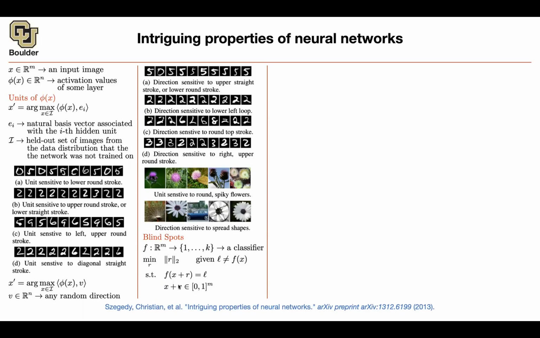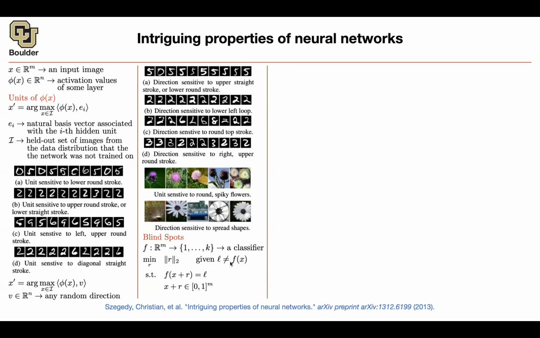Now you want whatever you're adding not to escape your domain. You don't want one of the pixels to have a value bigger than 1 or smaller than 0. And the other objective is you want it to be minimized. You want as small a perturbation as possible.